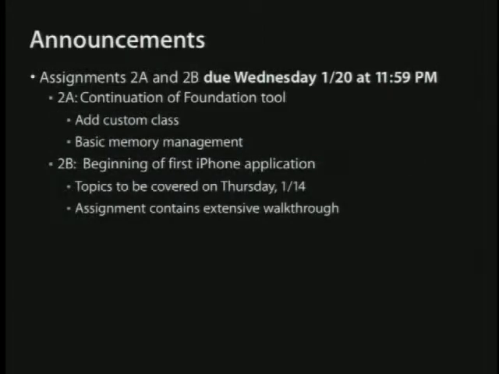The next assignment, assignments 2A and 2B, are due next Wednesday at 11:59. 2A is a continuation of what you did for this assignment. We're going to add a lot of the pieces that we talk about today. All of the pieces that we talk about today are in next week's assignment. And 2B, also due next Wednesday, is a start for the Hello Poly assignment, where you're going to build a polygon class that knows how to draw itself at different number of sides.